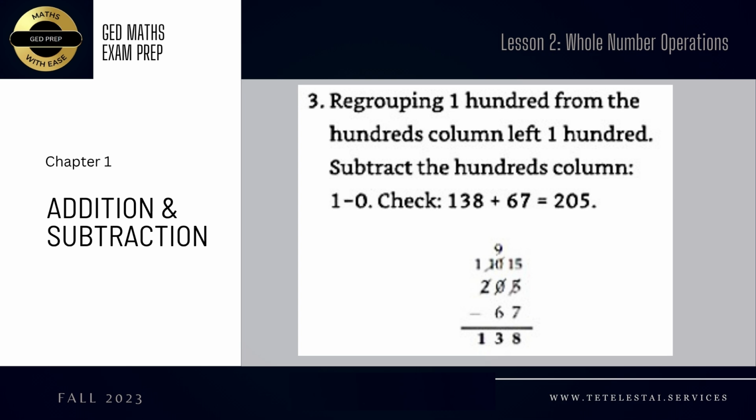But you don't feel like counting the $205. So you give the entire thing to the cashier, and the cashier gives you back $138. You'll know that they gave you the right change if you add the price of the item, which is $67, to 138, which would give you the original amount you had in your pocket, which is $205.